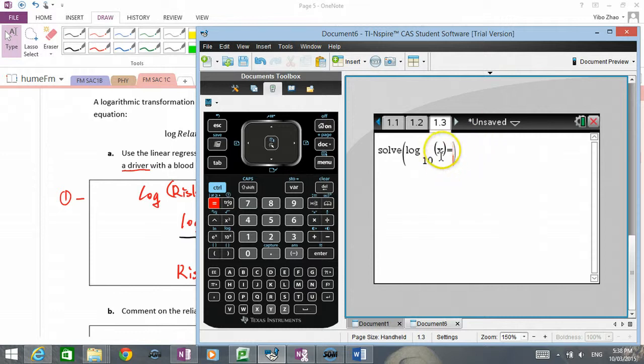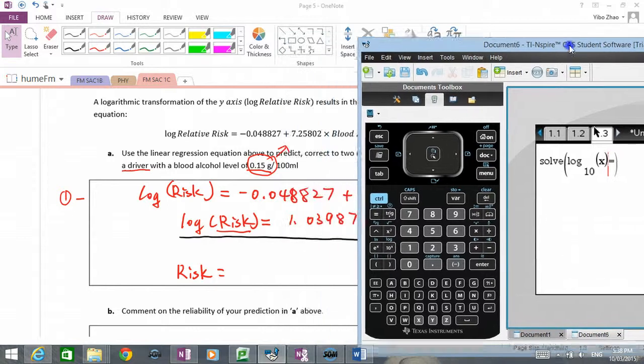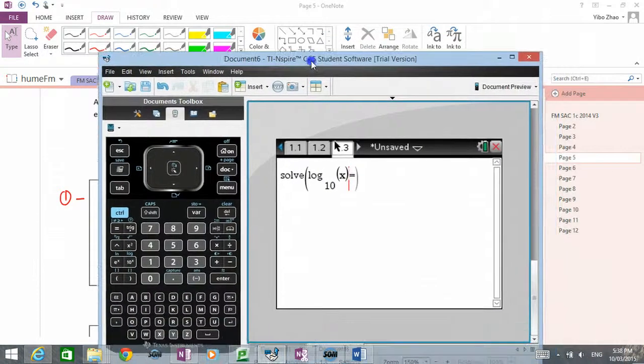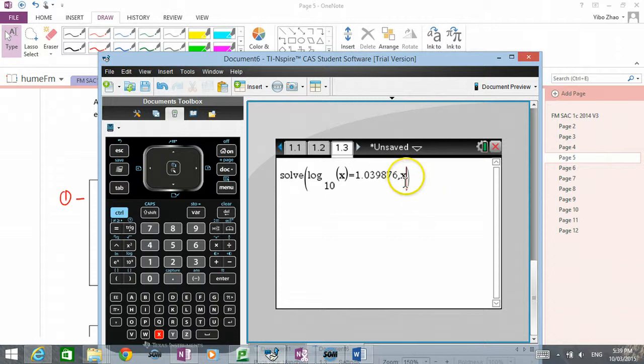Equals to. Remember, we write the equal sign outside the bracket of log. Equals to 1.039876. Once I type in the calculator, I write down comma x, because I want to know what is x. That's how we do it.